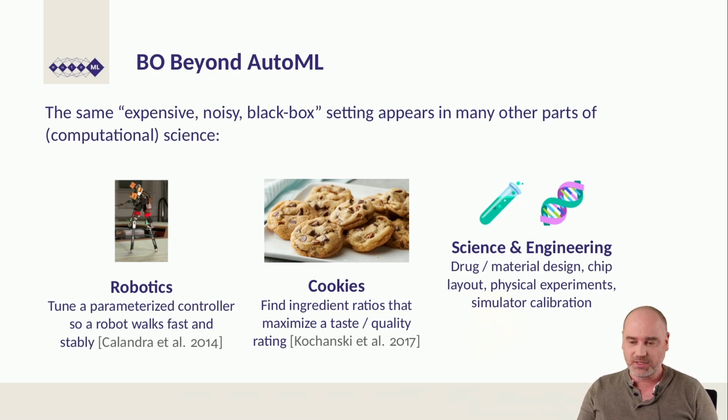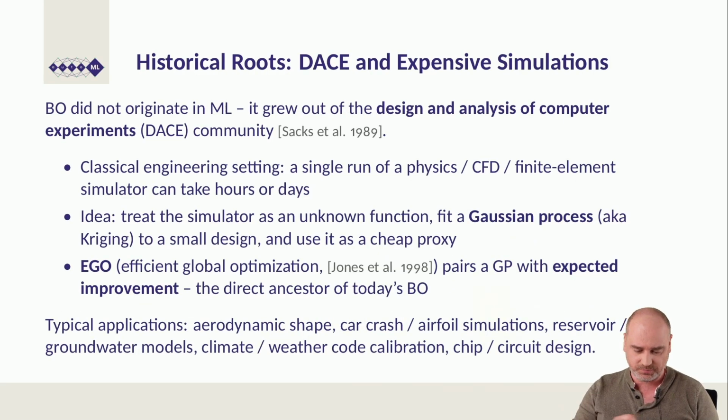But more seriously, if you look into very many areas of science and engineering, drug or material design, chip layout optimization, physical experiments, very often things you can somehow simulate in a computer. You want to optimize certain settings there, and you can measure performance. And this is very often expensive, noisy, and black box. And very often Bayesian optimization or related techniques are used for optimizing such scenarios.